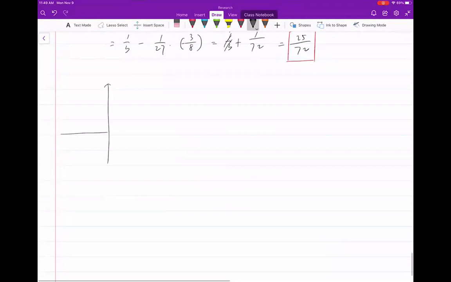Quick summary of what we just did. How do I draw it nicely? That's roughly like it.